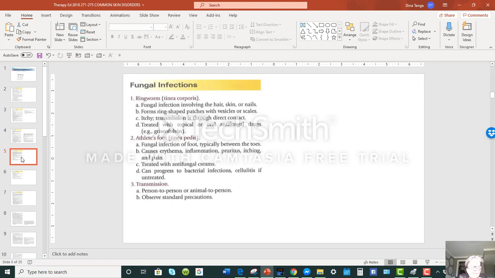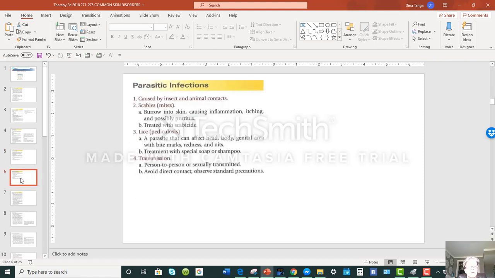Fungal infection of foot, typically between the toes, causes redness, inflammation, pruritus, itching, and pain. Treated with antifungal creams, can progress to bacterial infection, cellulitis if untreated. Transmission: person to person or animal to person. Observe standard precautions. This is so boring.